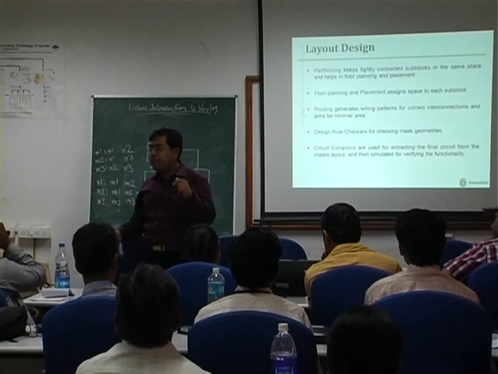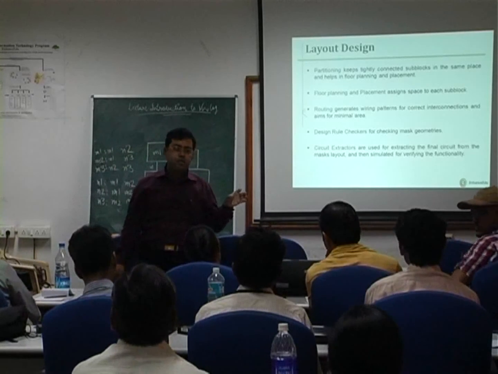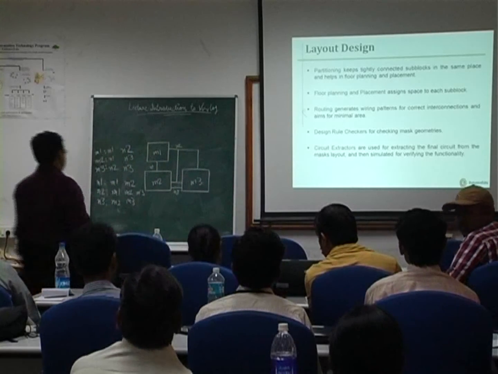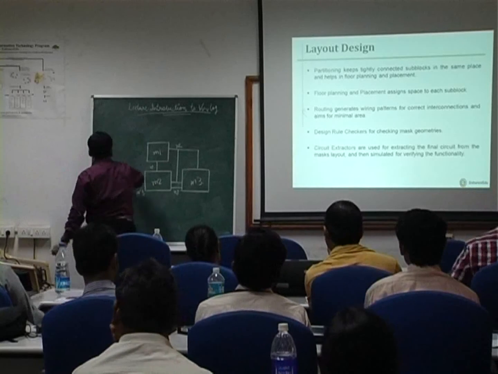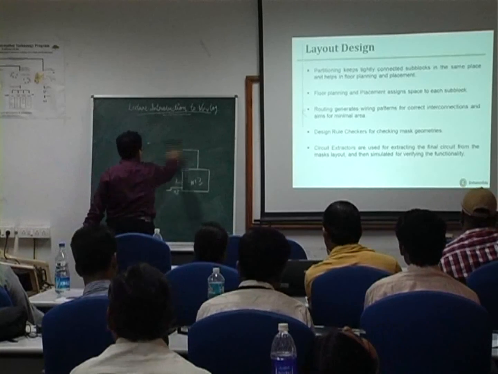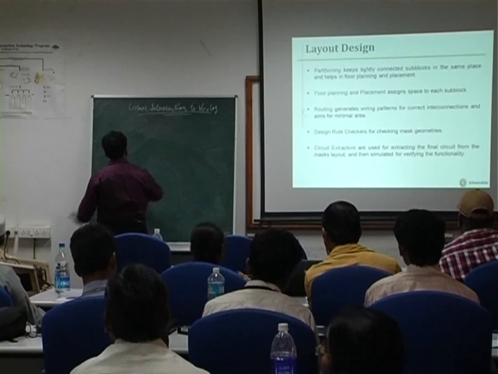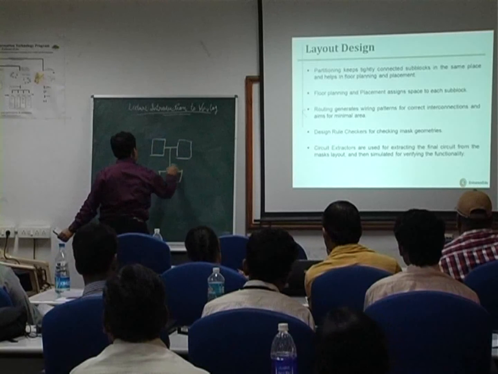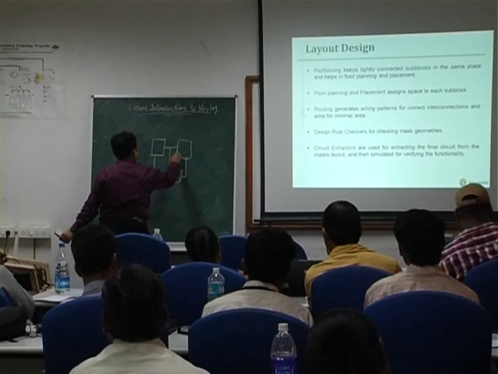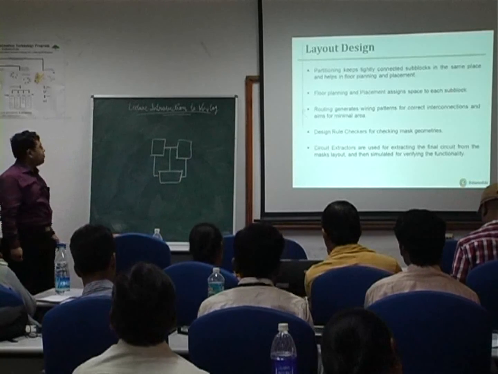So this is again a multi-step process. First we find out the approximate location of the components where we place, and then we find out the exact size of the components. So if you want to depict it pictorially, say this is the circuit we need to lay out.